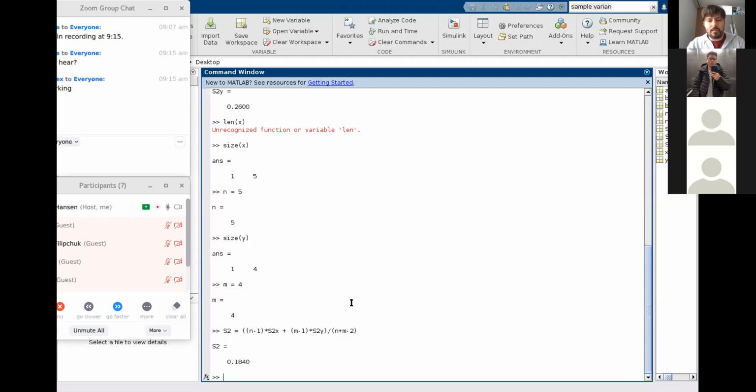And now my t statistic is bar X minus bar Y as is. And I do it like this so that you understand what I'm doing, oh sorry, divided by the square root of S2 over n plus S2 over m.